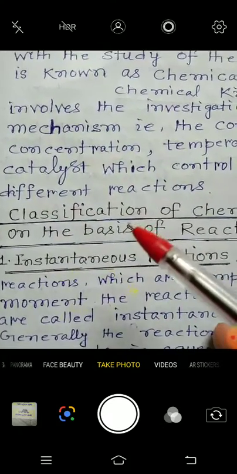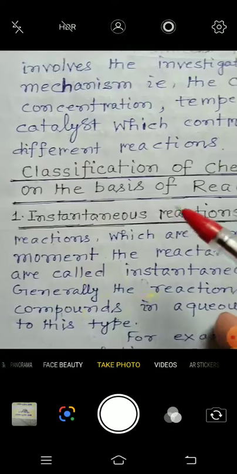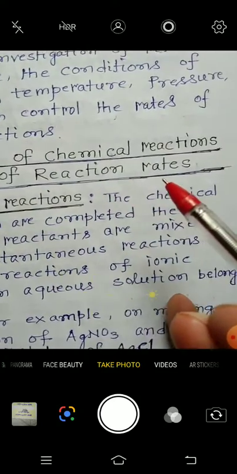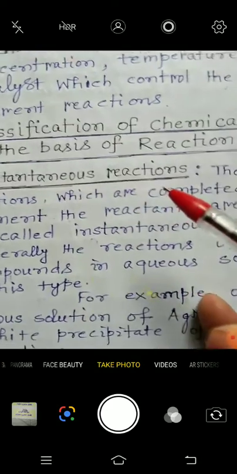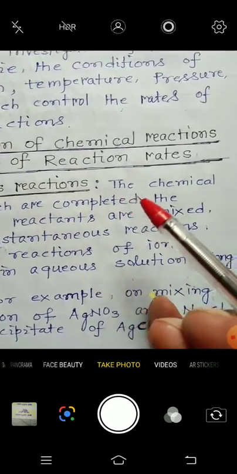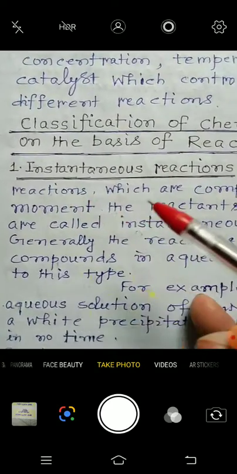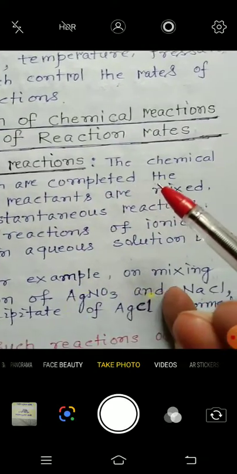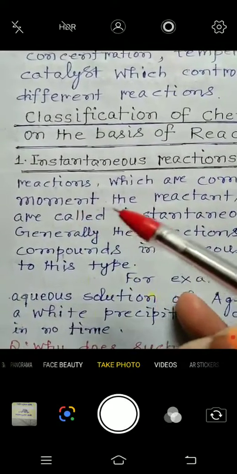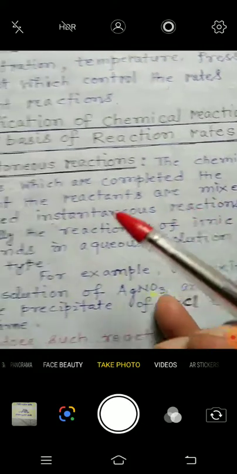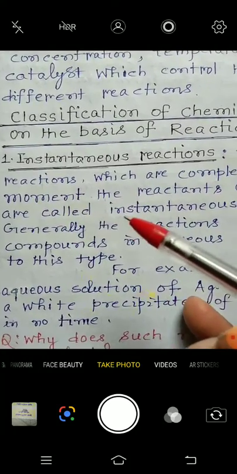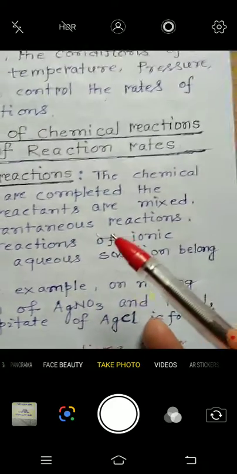Now, classification of chemical reactions on the basis of reaction rates. First, instantaneous reactions: the chemical reactions which are completed the moment the reactants are mixed are called instantaneous reactions.